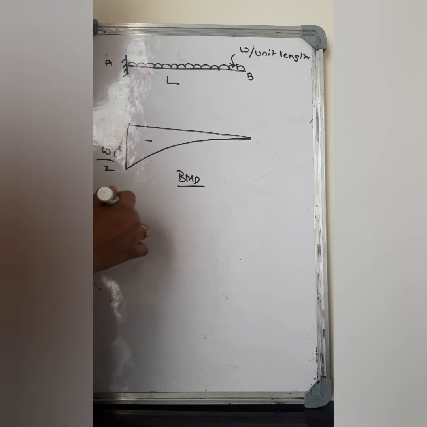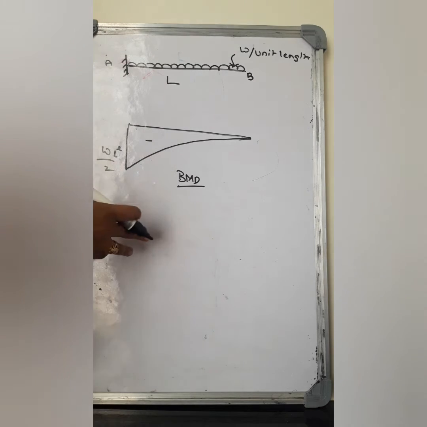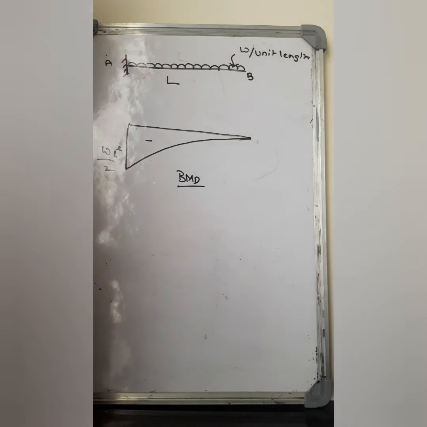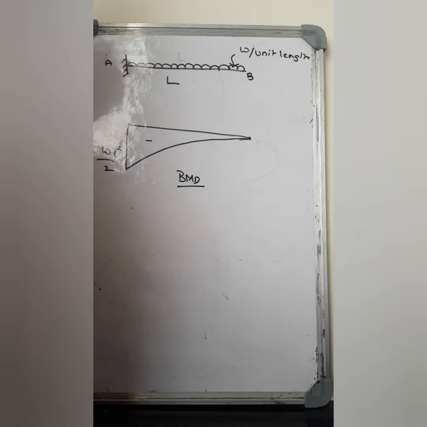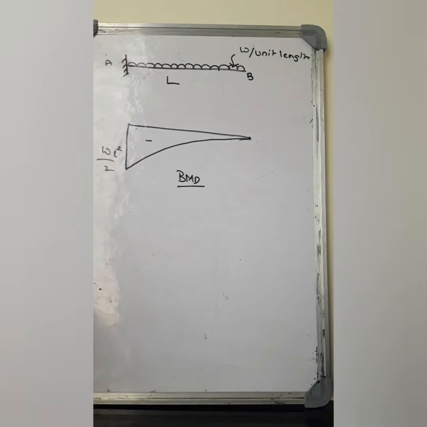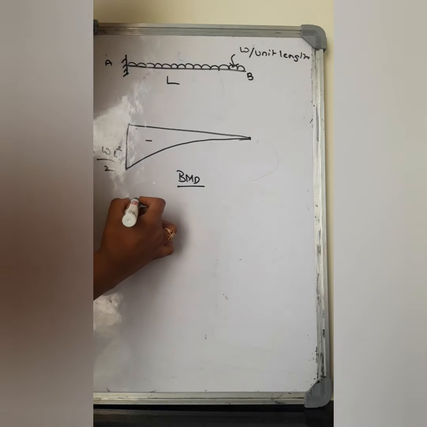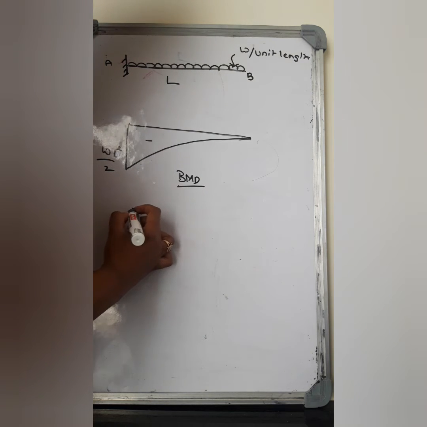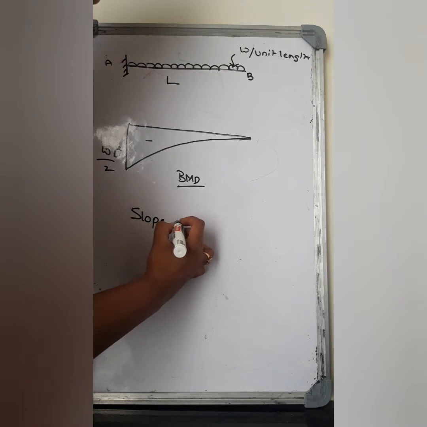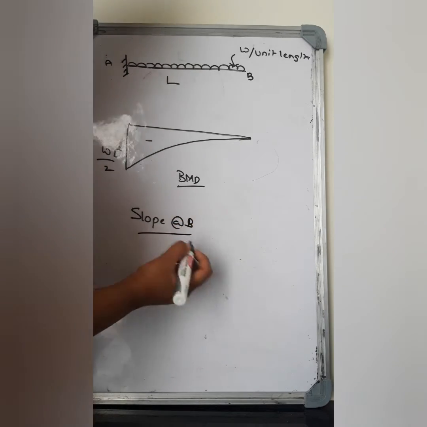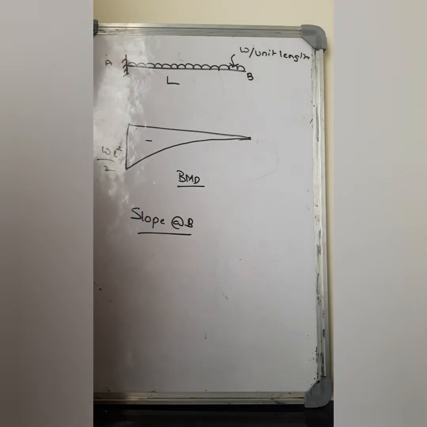What you can do is either use the theorem, that is the area of the bending moment drawing divided by EI, or if you are able to calculate the M by EI diagram, that is also fine. Whichever you feel easy, you can follow. For this, I have to calculate the slope at B, which is maximum.